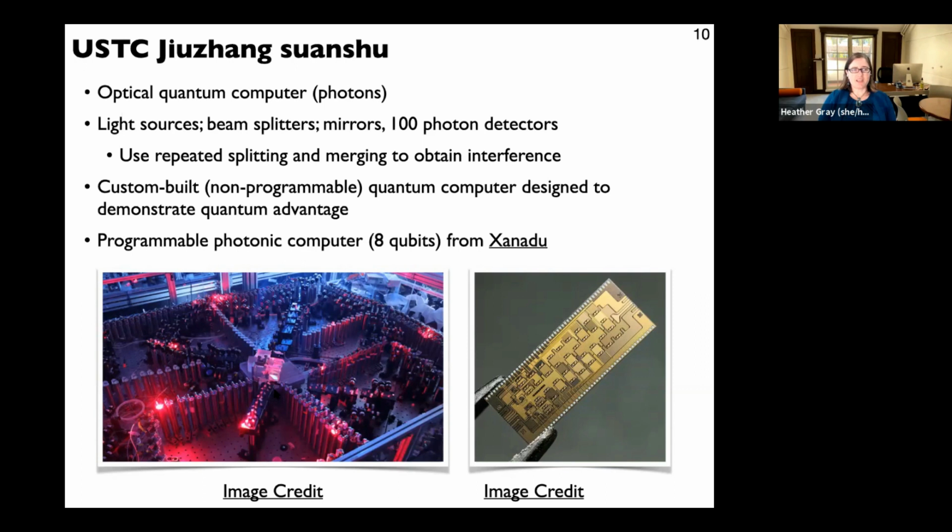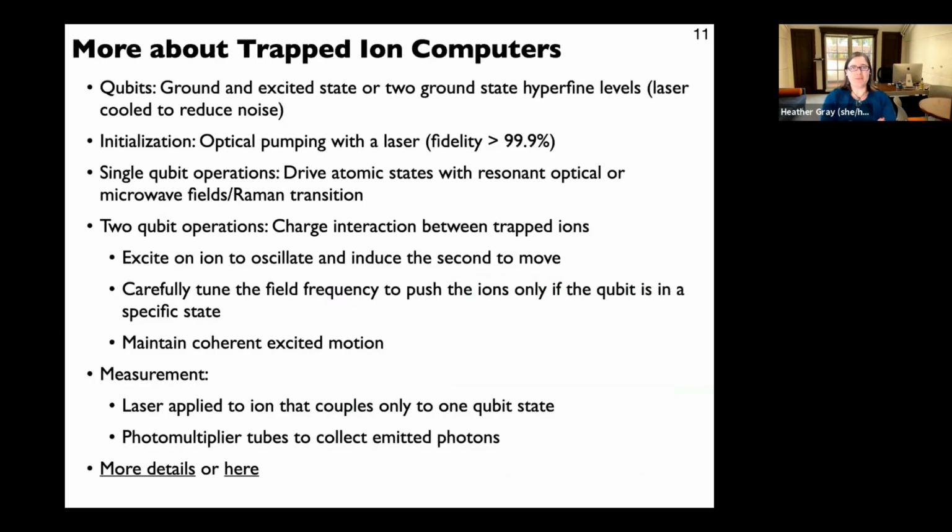There's a Canadian company called Xanadu, and they've made an 8-qubit photonic quantum computer. The idea is that they want to be able to sell that to people who want to have a quantum computer sitting in the lab. So that's why I was joking yesterday and saying that, yep, you can buy one if you want one at CERN. Of course, they're still small and still under development to become a lot more powerful.